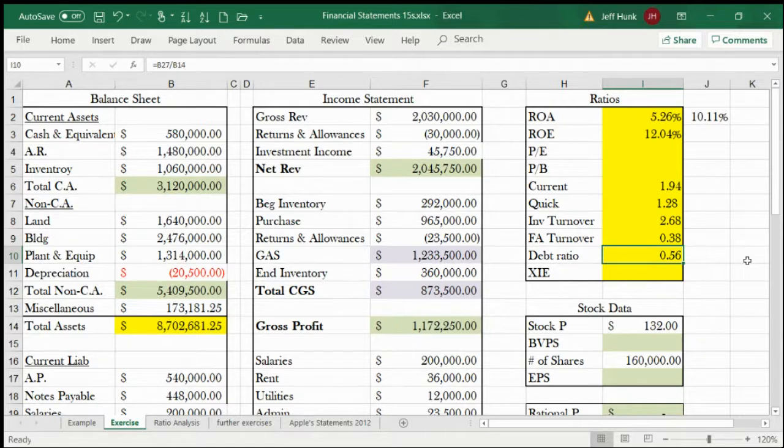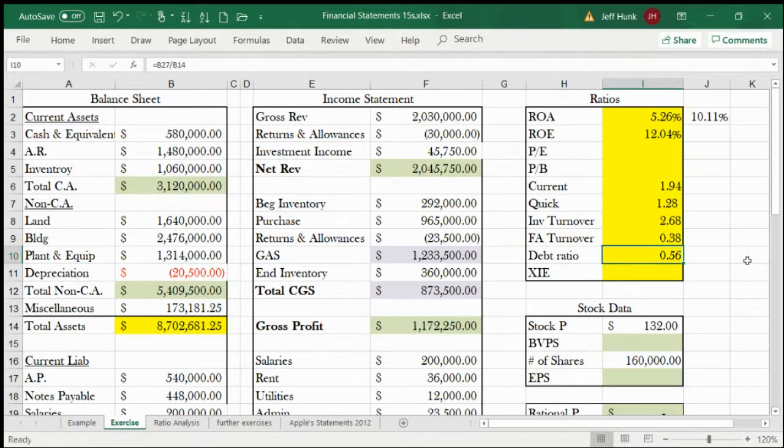So that clearly is indicative of what kind of capital structure this company is in. They have 56% debt. That means 44% equity, right? 44% equity.